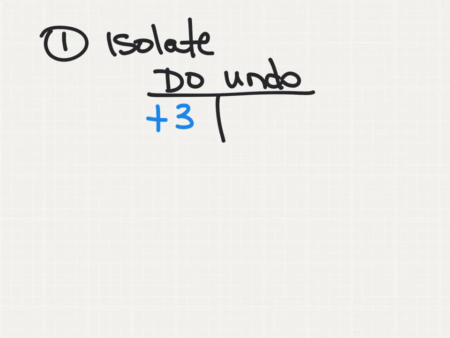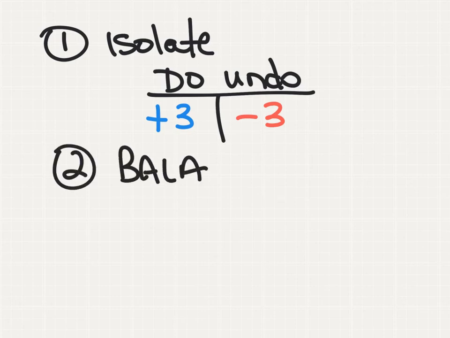So in order to eliminate that plus 3, to get x by itself, we needed to do the inverse operation. In this case, subtract 3. When we undo, we must undo on both sides of the equation because we must maintain balance. Whatever we do on one side, we must do on the other.